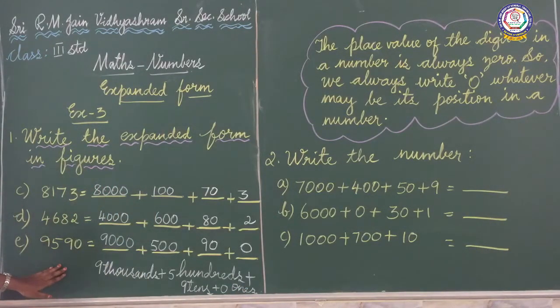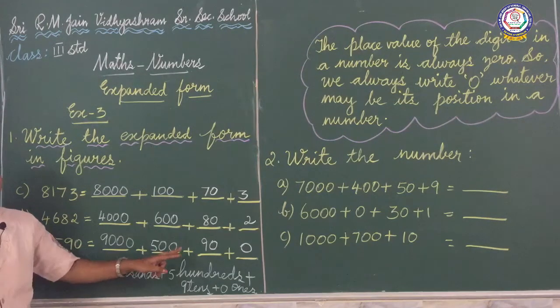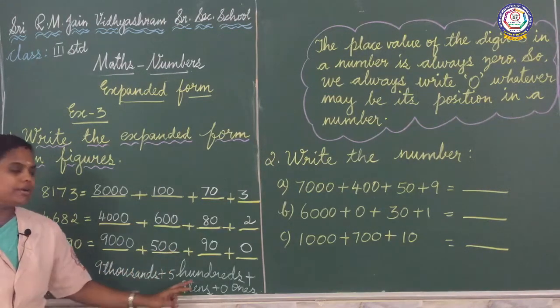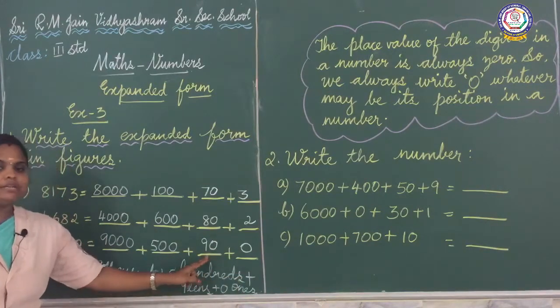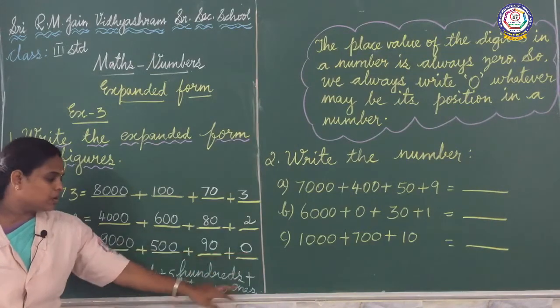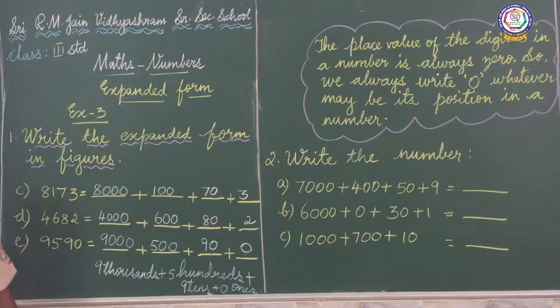You can write this number in expanded form this method also: 9,000 plus 500 plus 90 plus 0. So according to their place values you have to write. Here 9,000, so you write 9,000 plus 500, then plus 9 tens, so 90 here you are writing, plus 0. What's the place value of 0? Ones. So you can write 0 ones.